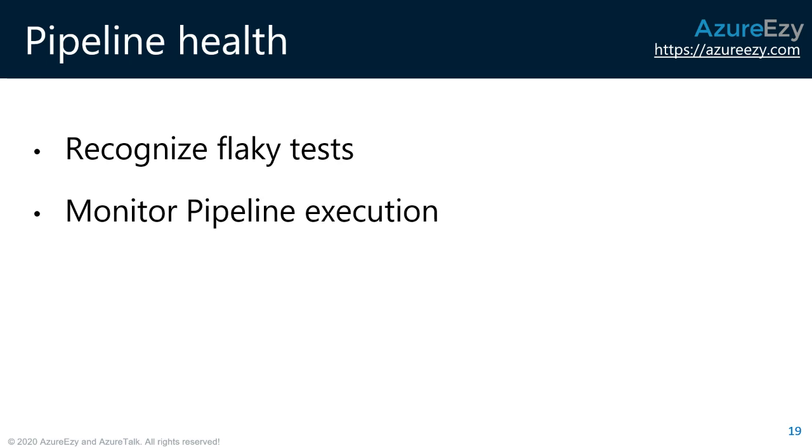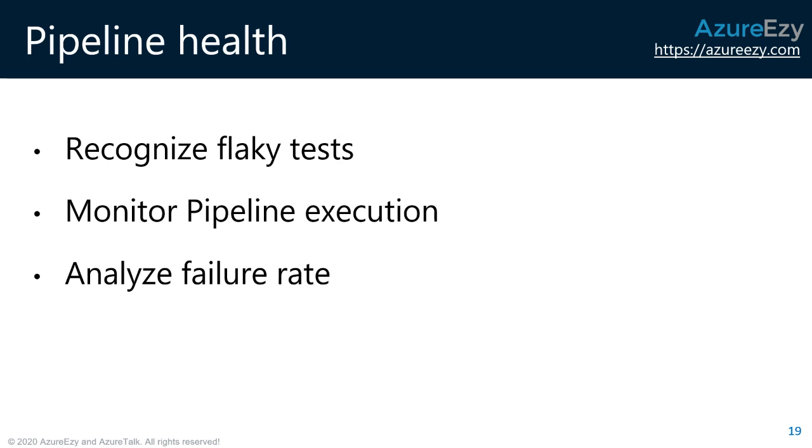So if you monitor your pipeline, you will evaluate, even though builds are passing, how much time it is taking, how many tests are passing, how many are failing, and whether there are any flaky tests. If they are flaky, can we fix them? How can we fix them? You need to understand those things, and only then will you be able to improve your pipeline health over a period of time.